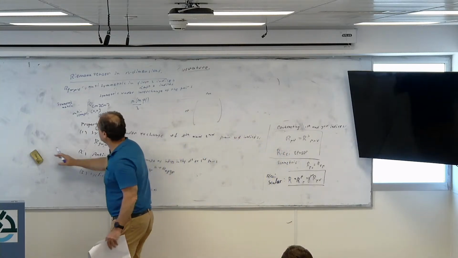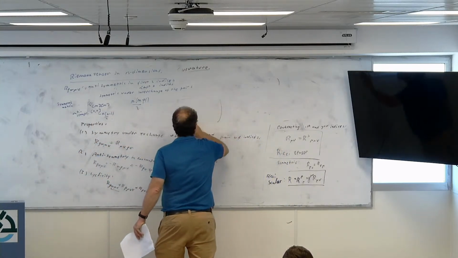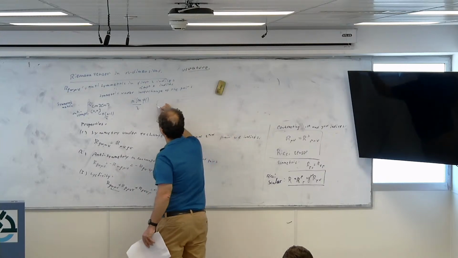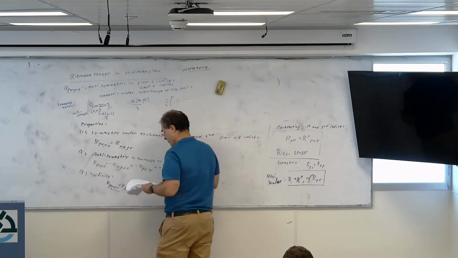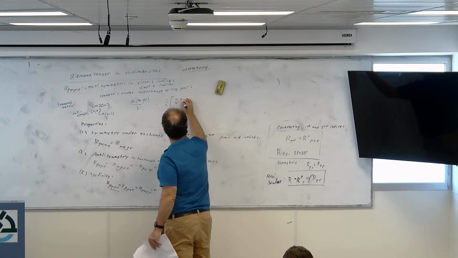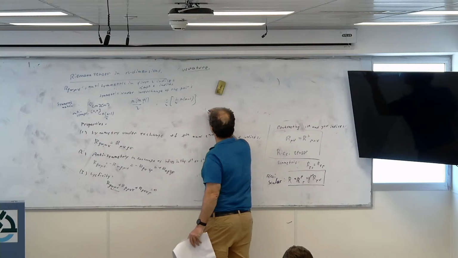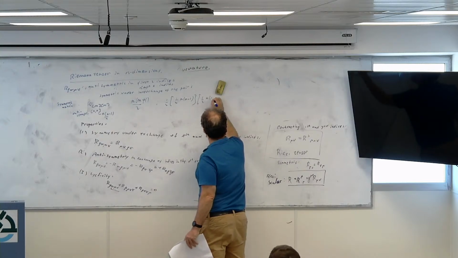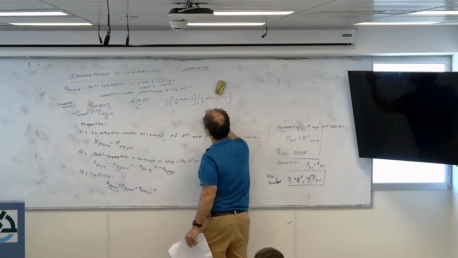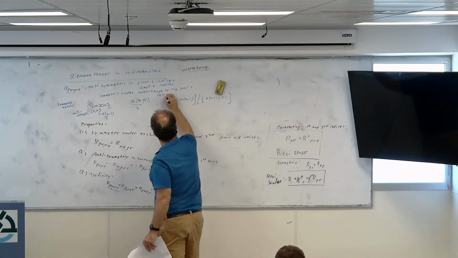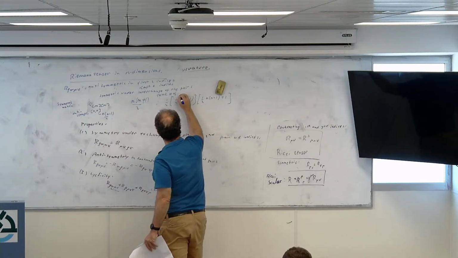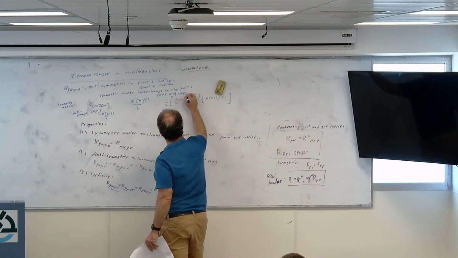So the total number of independent indices we have is 1/2 times (1/2 n minus 1) times (1/2 n minus 1 plus 1).